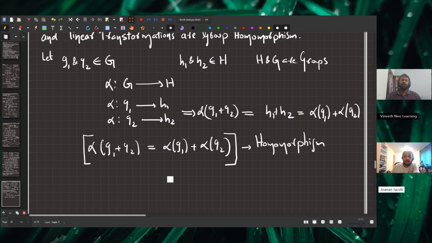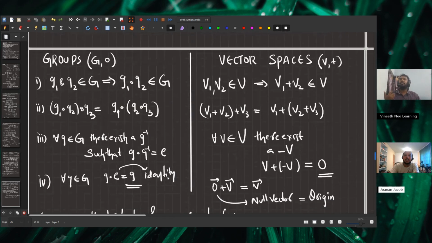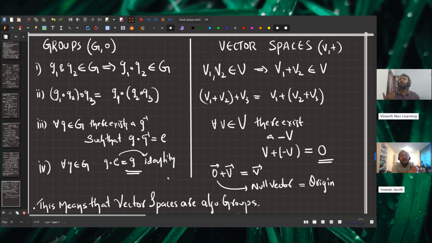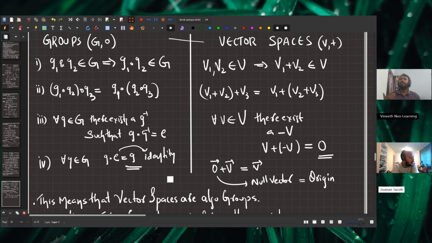This is also true for linear transformations. Why? Because vector spaces are also groups. If two vector spaces have a linear map connecting them, we can say that they are homomorphic.